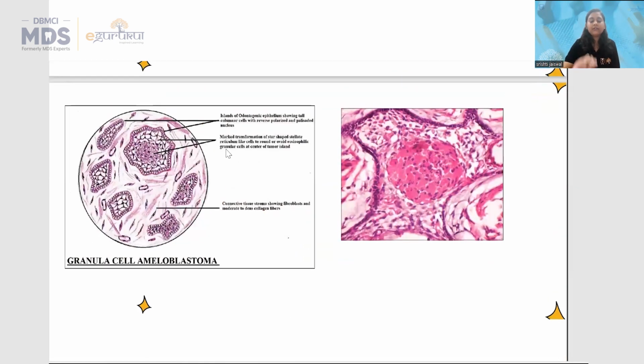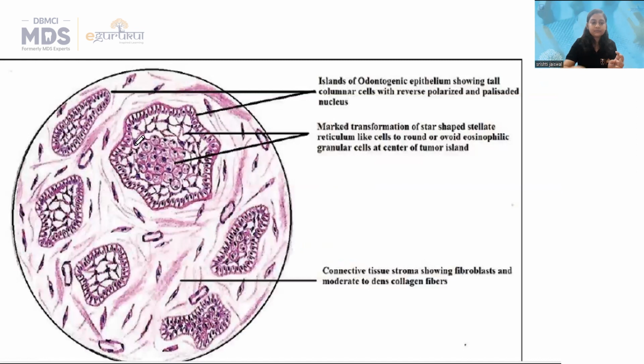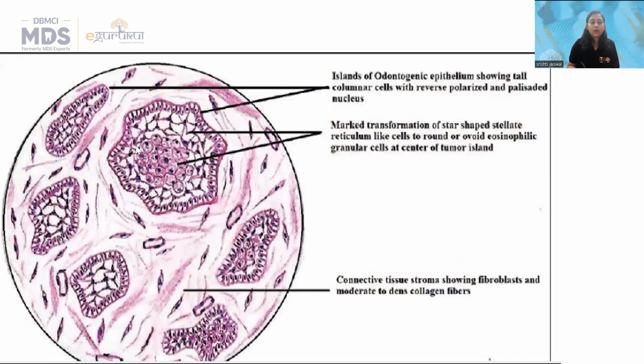Now, let's have a look at granular ameloblastoma. As a general rule, ameloblastoma has peripheral tall columnar cells, and in the center we have stellate reticulum like cells. If metaplasia occurs in these stellate reticulum like cells, it undergoes different forms of ameloblastoma.